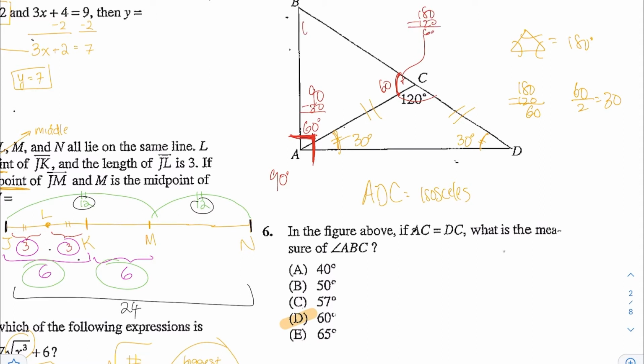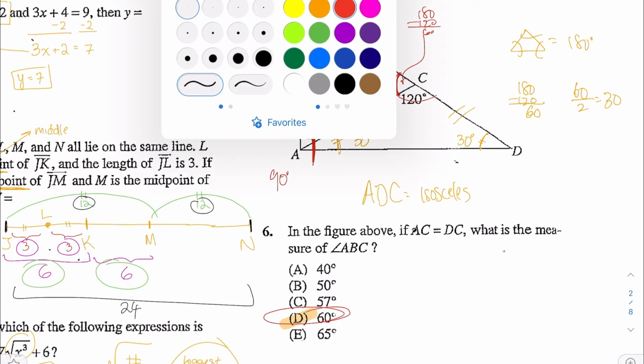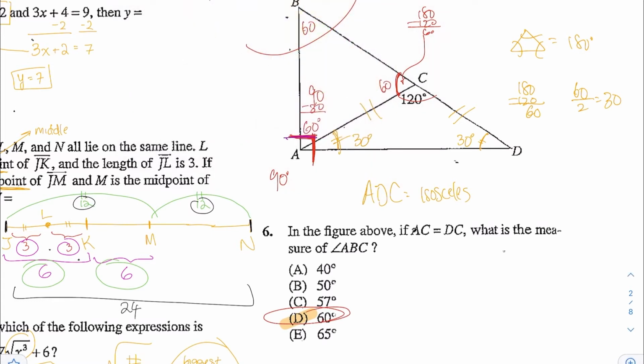So that means that the last angle B has to be 60 degrees as well. So it's a 60, 60, 60, or an equilateral triangle. The measure of angle ABC is right here. That's 60 degrees, choice D. The other way to do this is, once you know that this angle is 90 degrees and this angle is 30 degrees, you know that this is a 60 because it has to be a 30, 60, 90 triangle.